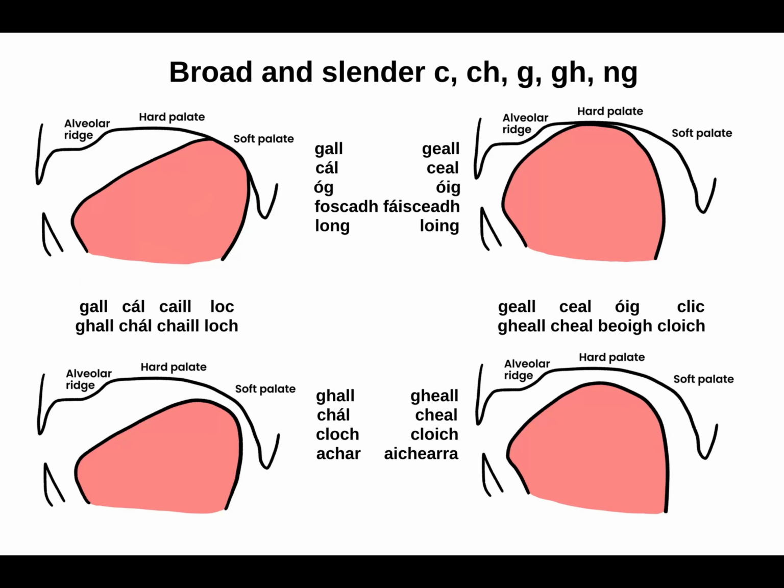The sounds at the top of the chart are what are called stops, and that's because the tongue is touching the roof of the mouth and it's stopping the airflow. So on the left they're broad, and on top they're stops. So these are broad stops, or velar stops as they're known more broadly in linguistics.